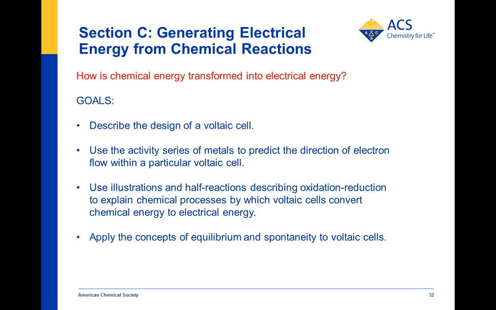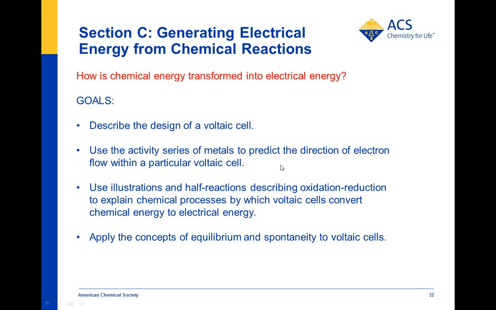And we start by looking at electrical energy being generated from chemical reactions, and the goals include looking at a voltaic cell. They will actually do some exploration in an investigating manner of that. They'll use the activity series that was introduced in Unit 1 and some other information to predict which direction the electrons flow.